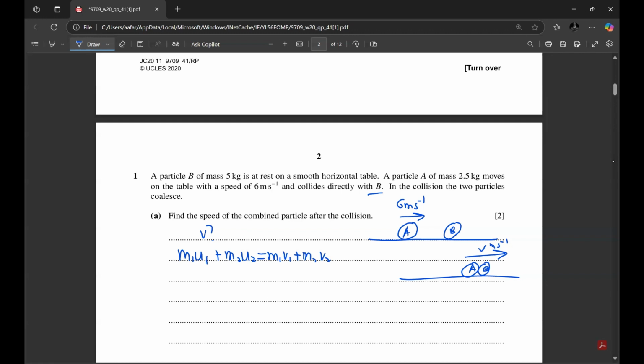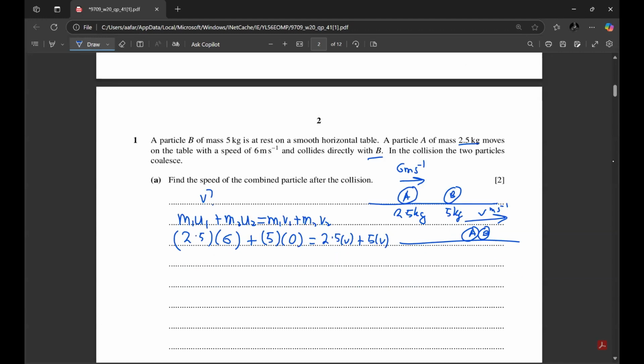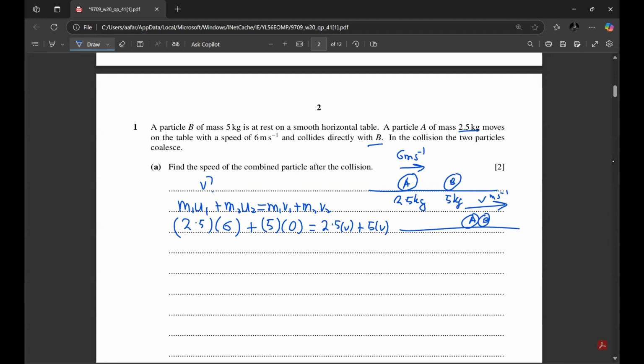Let's take the first particle as A. The mass of A is 2.5 kg, and B is 5 kg. 2.5 times the initial velocity 6, plus 5 times B's initial velocity of 0, is equal to 2.5 V plus 5 V. We can take V common. 2.5 into 6 is 15. So 15 is equal to V times (2.5 plus 5), which is 7.5. So V is 2. Quite simple.